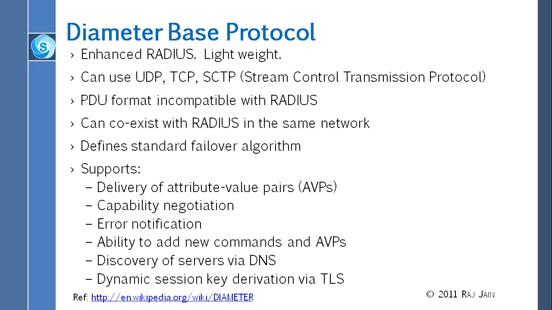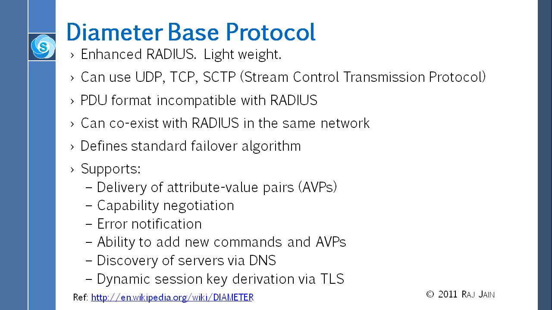PDU format incompatible with RADIUS. So again, this is next generation, but does not talk to RADIUS. Can coexist with RADIUS in the same network. So people can talk to RADIUS and then they can talk to Diameter, but I don't think a same message can be sent to both. Defines a standard failover mechanism, supports attribute value pair.